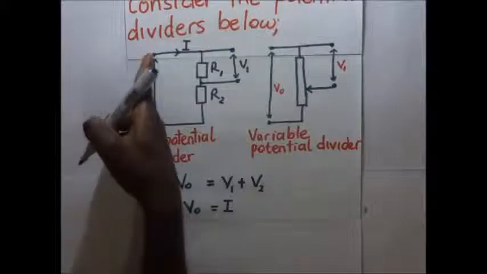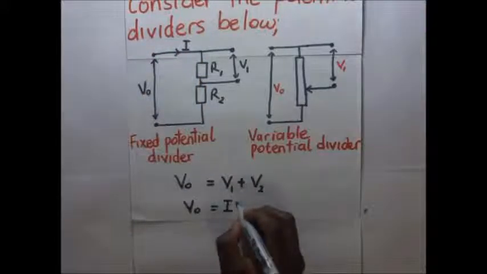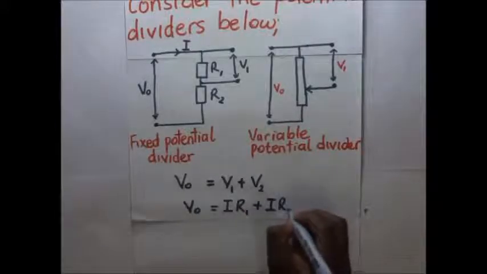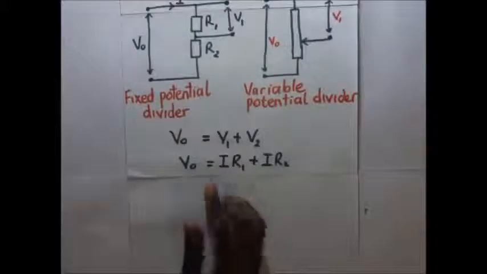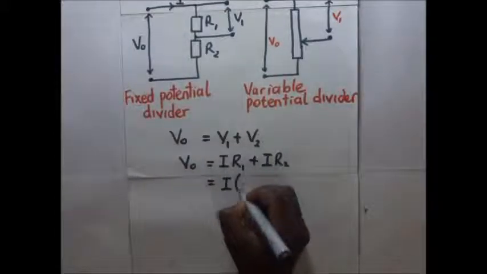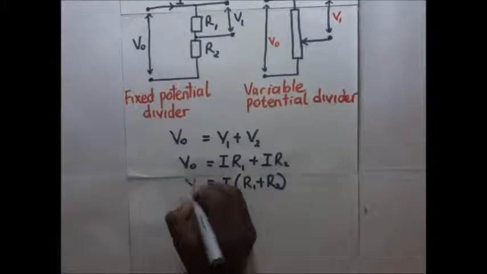It's going to be the same current going through both resistors. So it's going to be current times R1 plus I times R2. So this becomes I times (R1 plus R2) equals V0.